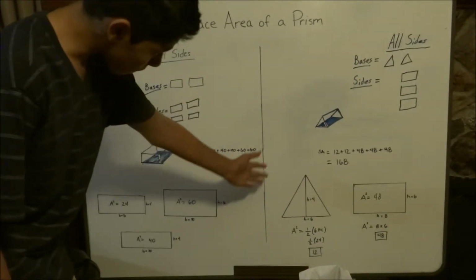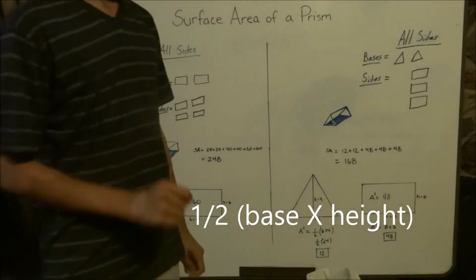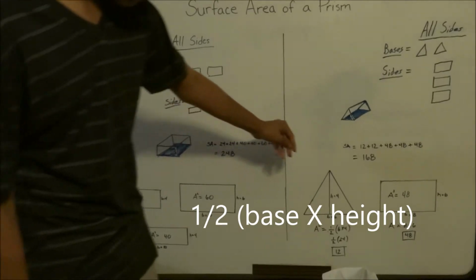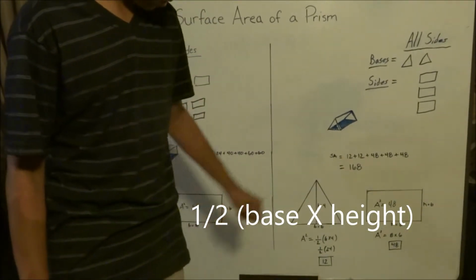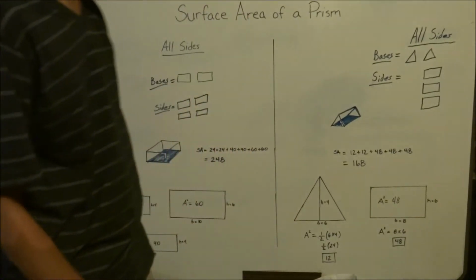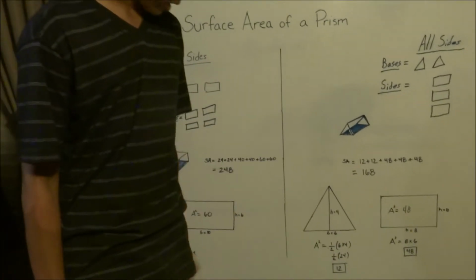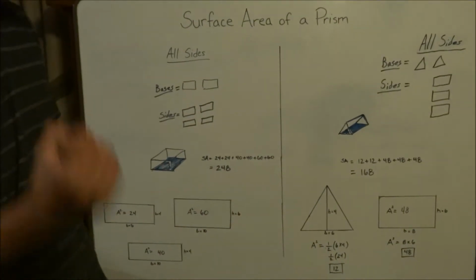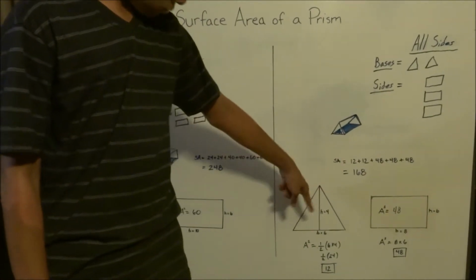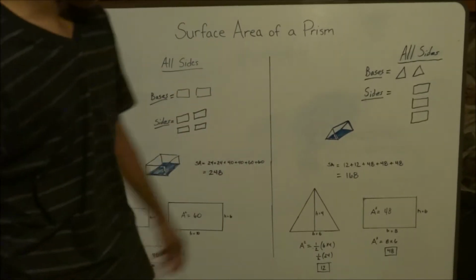To find the area of a triangle, you must do 1/2 times the base times the height. Since we already have our information down, it's pretty easy. The height is 4, the base is 6. 6 times 4 is 24, and you multiply that by 1/2, which equals 12. And then you multiply that by 2 because there are 2 triangles in the entire prism.